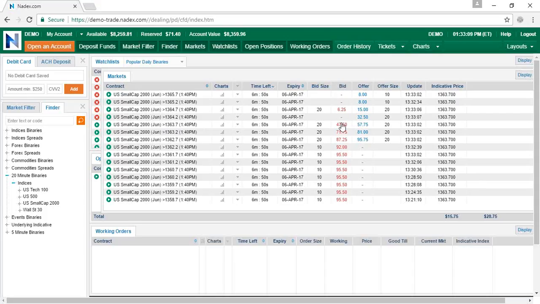Around $50. And if the market hasn't reached my strike yet, those are going to be priced what? Under $50, closer, heading down towards 0. If the strike's above the current market, those are going to be priced higher, going towards 100. Because again, it's got to be 0 or 100, right?